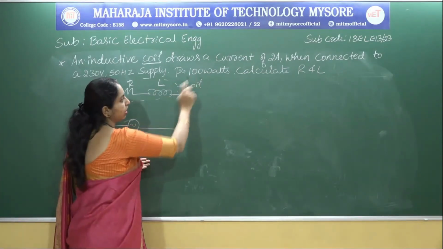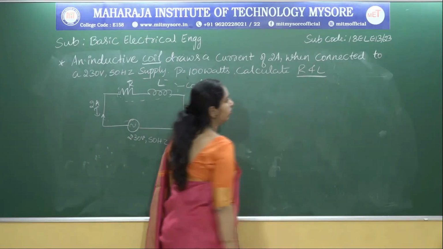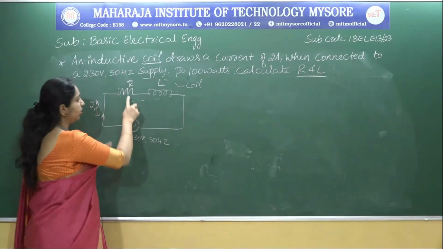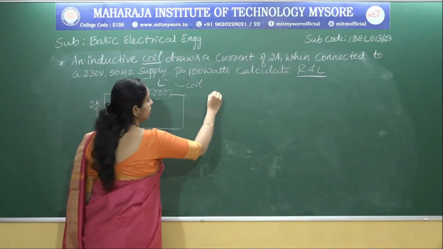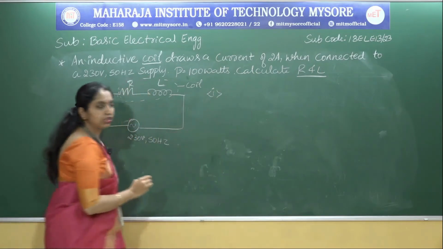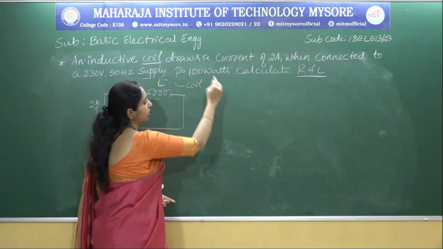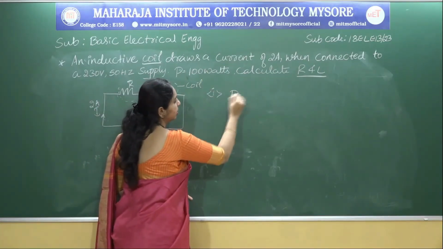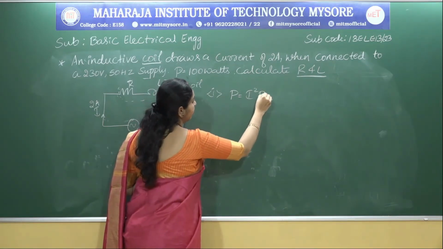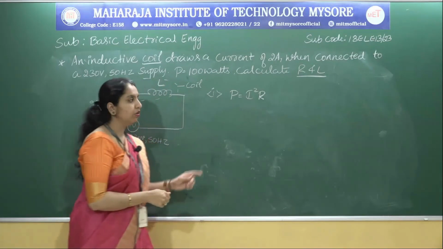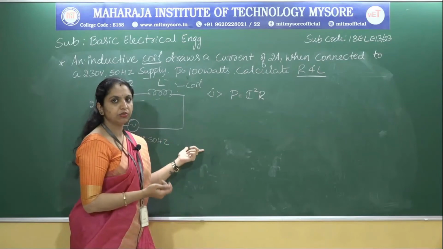The power taken by the coil is 100 watts. Now we need to calculate the value of resistance and inductance, that means the value of R and L. Initially, to find the value of resistor, we know that the power taken by the coil P is given by P is equal to I square into R. We can have only resistance because inductance never consumes any power.